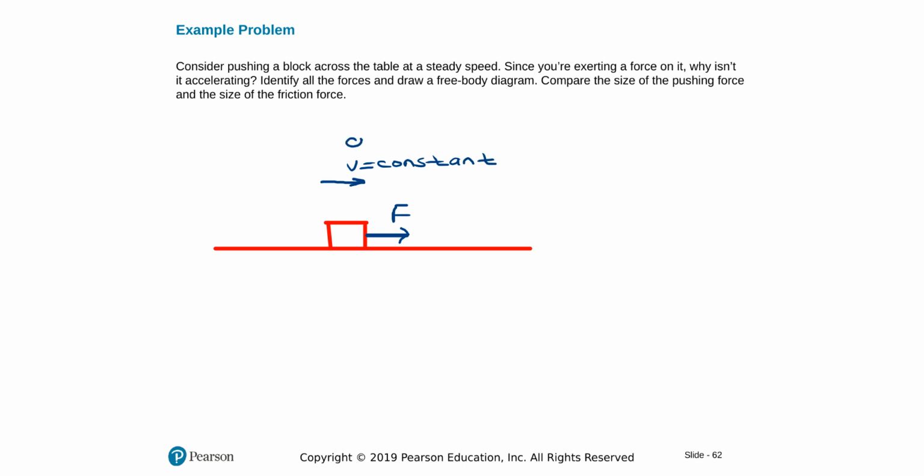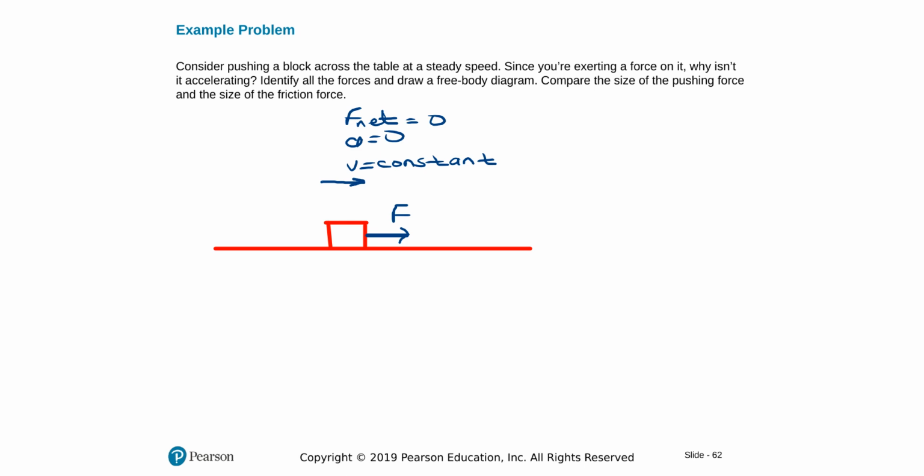What does that mean? If velocity is not changing, acceleration is 0, F net is 0, right? Right away I put this down. Since you're exerting a force on it, why isn't it accelerating? Identify all the forces and draw a free body diagram. Compare the size of the pushing force and the size of the friction force.